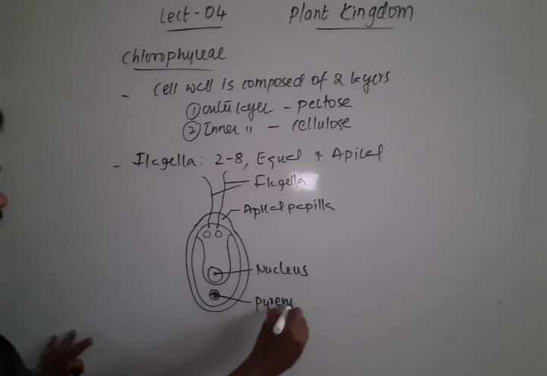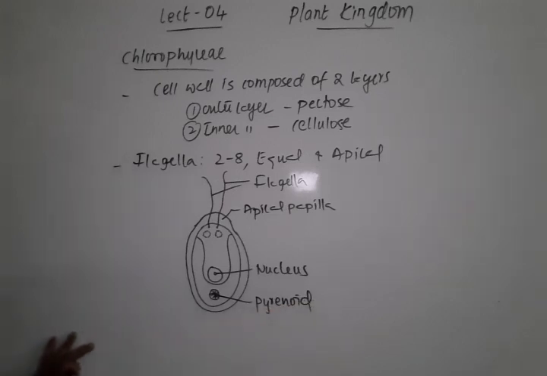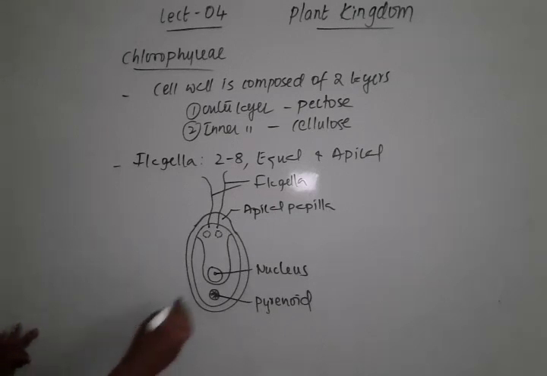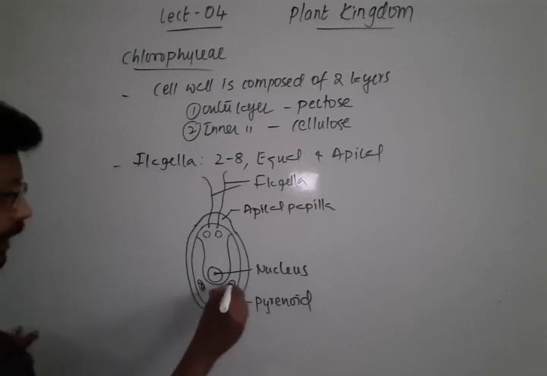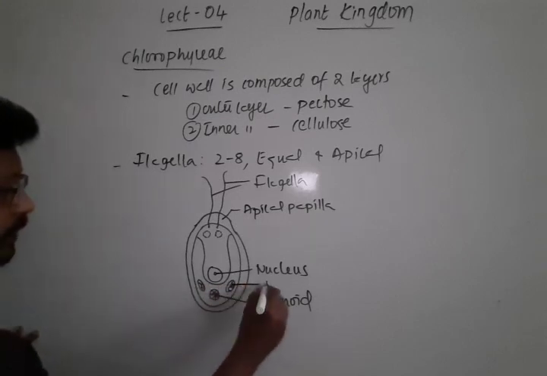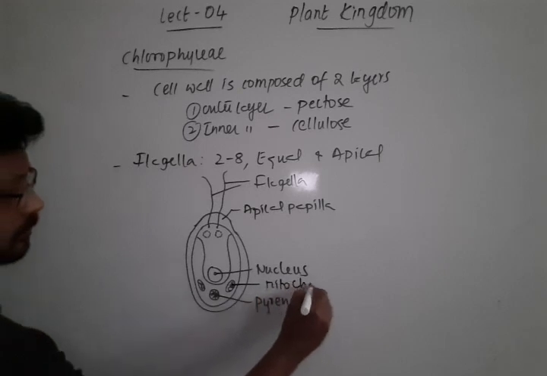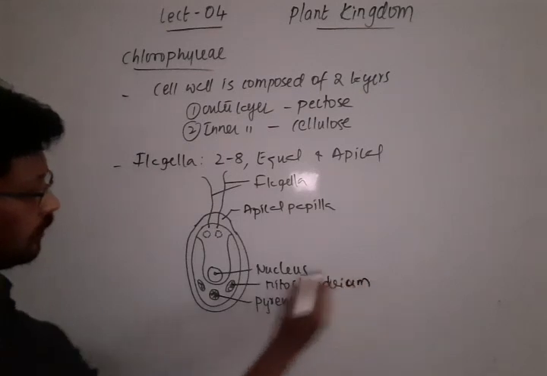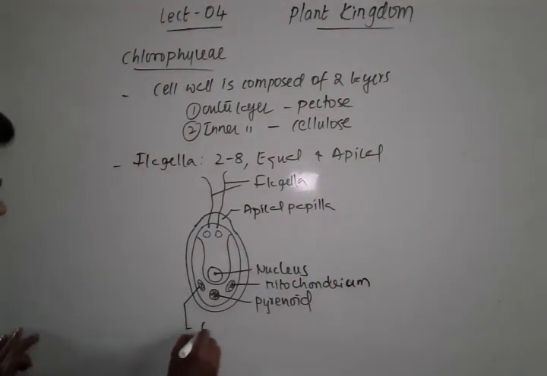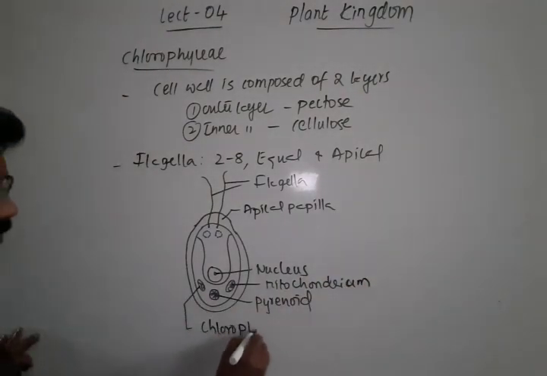Here we may see the pyrenoid, which is present in the cytoplasm. Here we can see the presence of chloroplast and mitochondria. This is the mitochondrion and this one is the chloroplast.